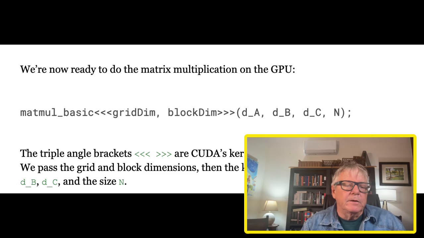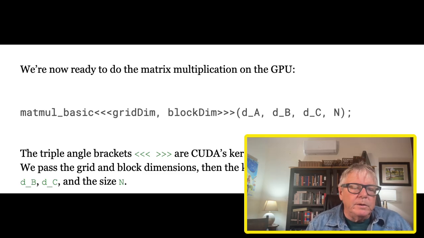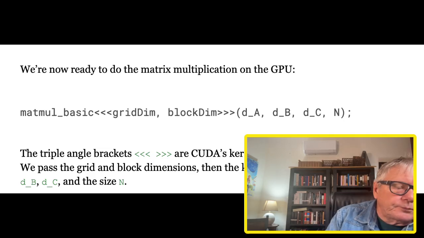Okay, now we're ready to do the matrix multiplication on the GPU. So we call the matmul basic kernel function. It has the 3 angle brackets to indicate this is a kernel function. We pass in the pointers to the GPU addresses, and then the number of elements in each matrix.